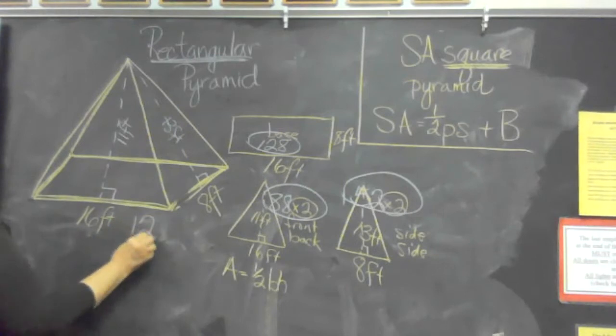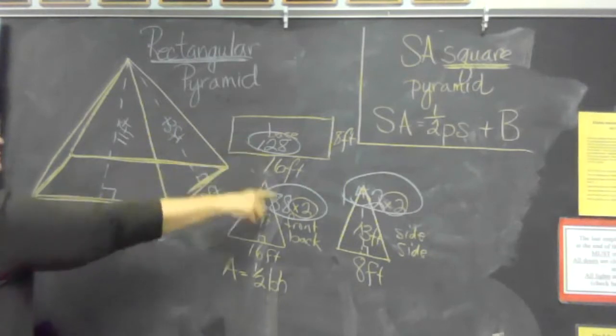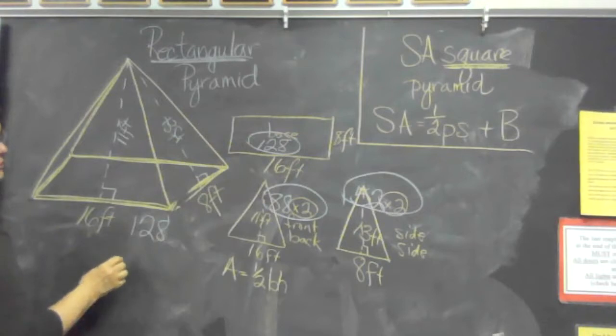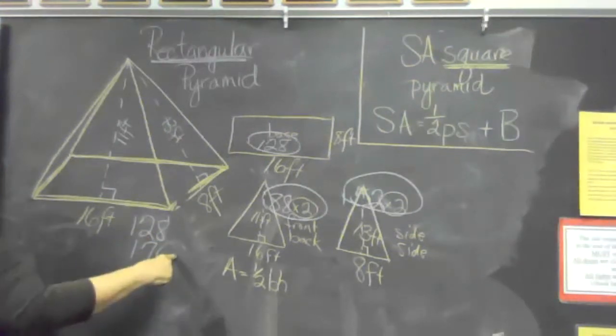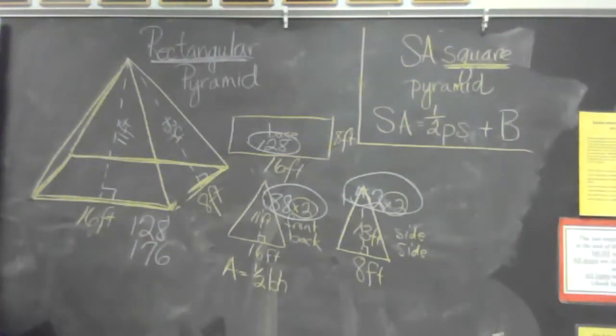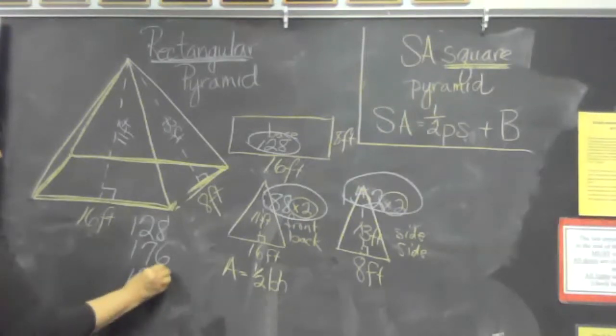So I've got 128 is the base, 88 times 2. I can either multiply those together or 2 88s, right? An 88 and an 88. And this one will be 104, I think. Y'all check me out.